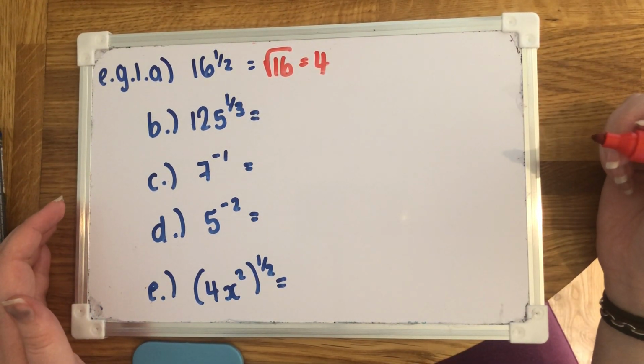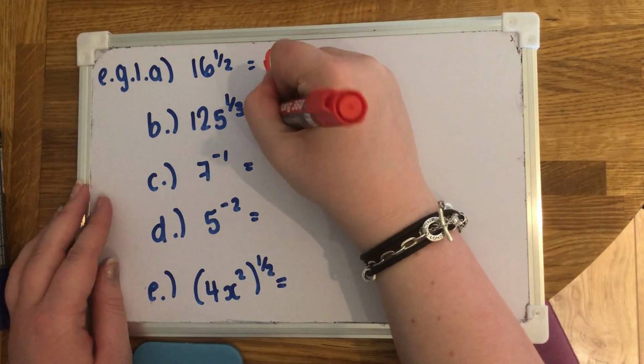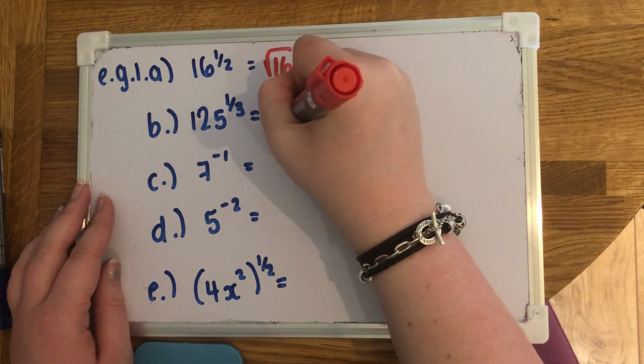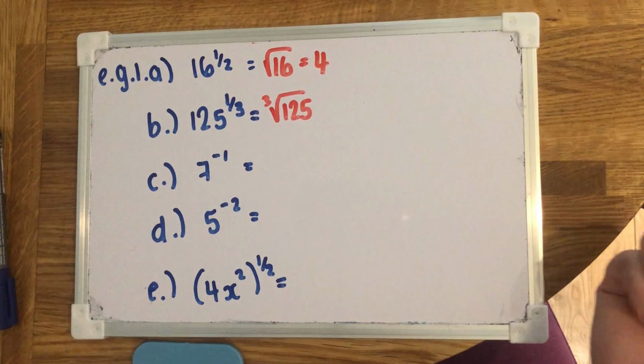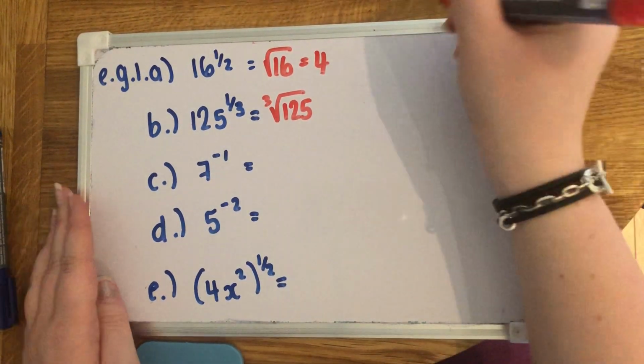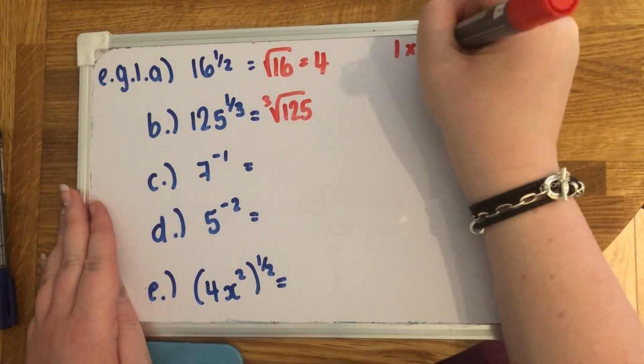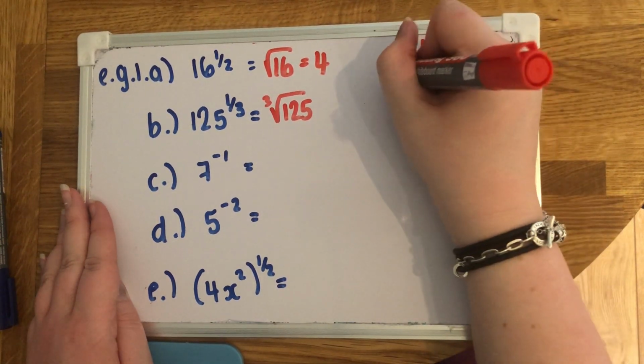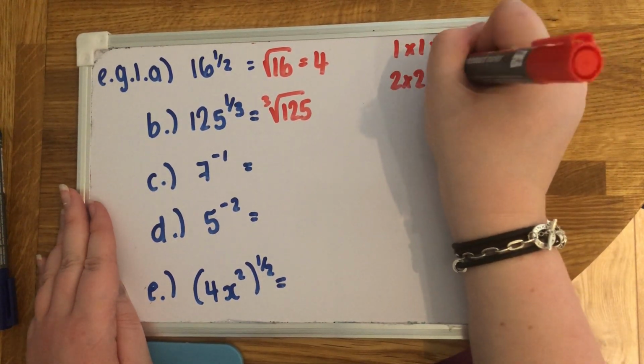Okay, again, the next one, a third means the cube root of 125. Now, remember, it can be non-calculator, so all I want to do here is do my times tables, but with cube numbers.